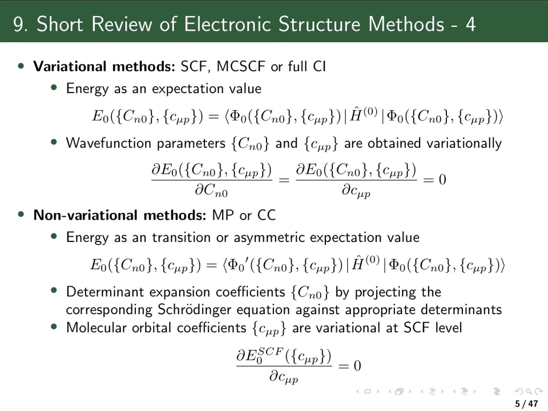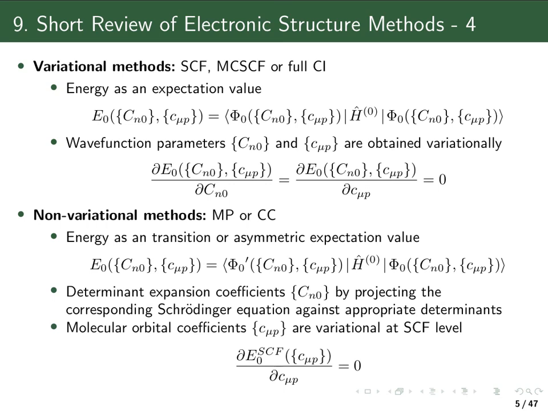And the expansion coefficients for the determinants then are not obtained variationally, not obtained by requiring that the derivative of the energy with respect to all these coefficients is zero, but they are obtained by projecting the Schrödinger equation, where we use this wave function as our approximate wave function, against some of the determinants.